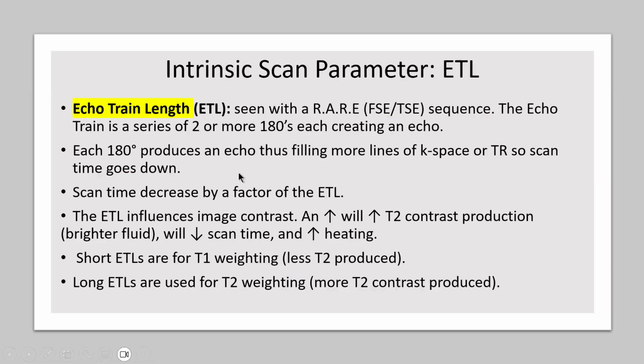All right, last but not least, echo train length. Echo train length is seen in fast spin echo or turbo spin echo. Fast spin echo is GE, turbo spin echo is Siemens land. The original term, when this pulse sequence first came about, this is how I learned it, was RARE, rapid acquisition with rapid excitation.